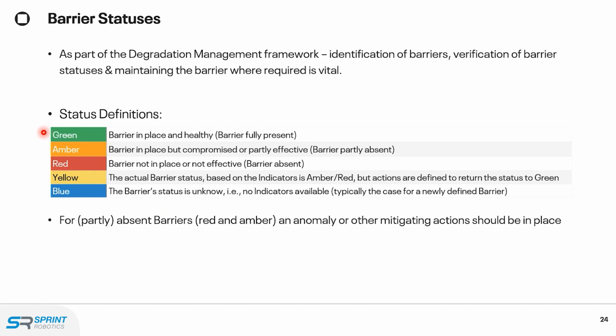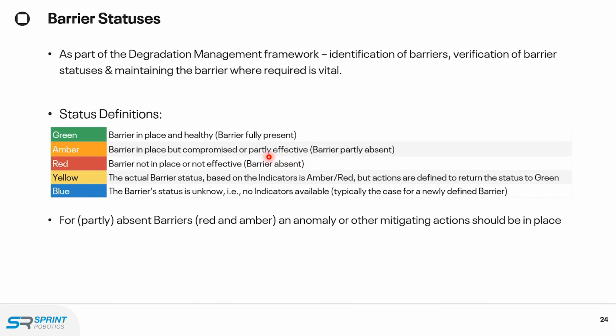If for some reason, typically after an inspection, and this is where I'm going to come into using robotics or any kind of automation, how can we identify quickly that the barrier has been compromised, or is partially effective?